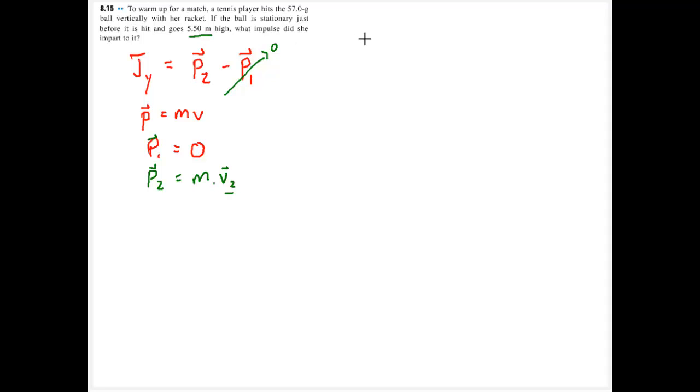I can say the ball initially has some kinetic energy. It's going to go up to a certain height where it's stationary. At that point, all it has is potential energy. So I can say 1/2 mass velocity squared. This velocity is going to be my velocity 2.